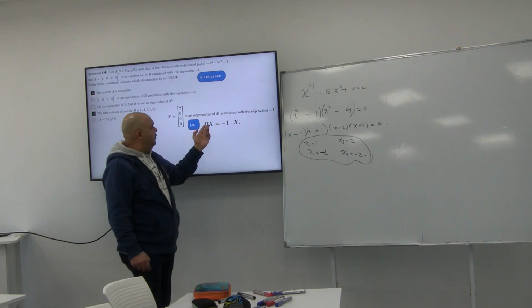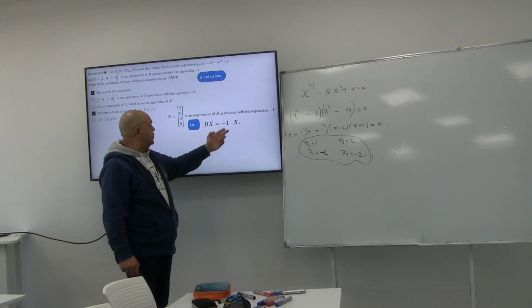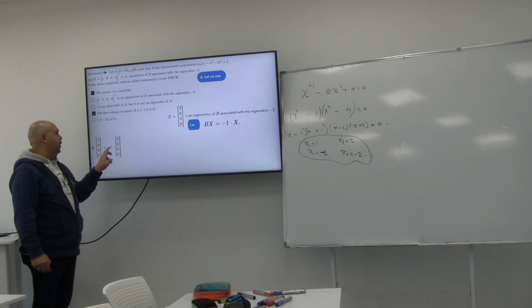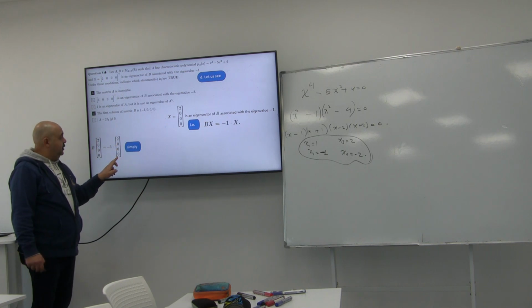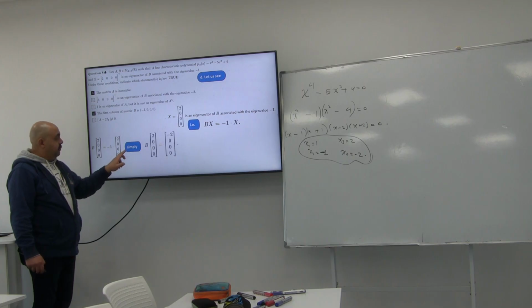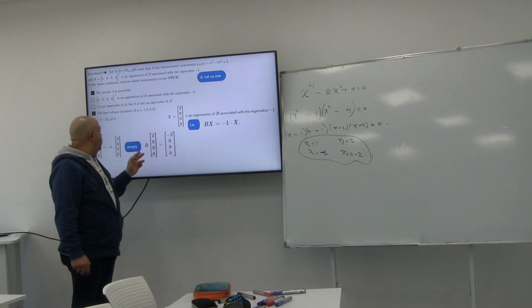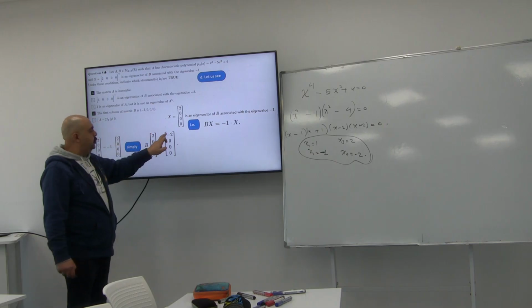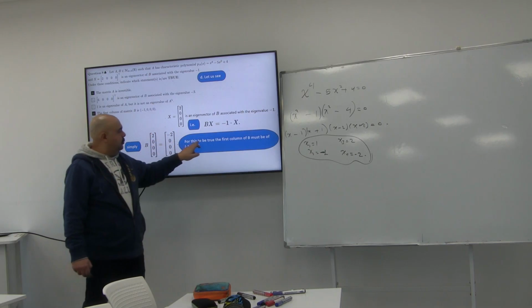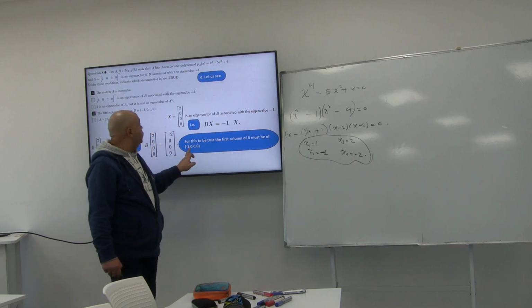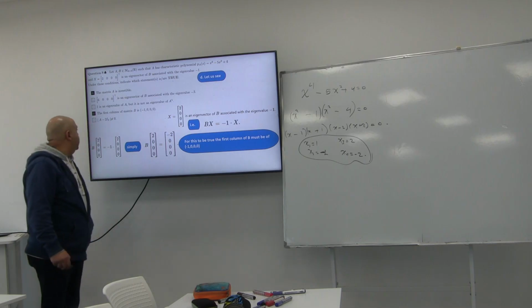Now I have B of x equal -1 times x, and so B times (2, 0, 0, 0) will equal -1 times (2, 0, 0, 0). Now for this problem, simply remark that B times (2, 0, 0, 0) gives -1 times 2. And for this to be true, the first column of B must be of the form -1 and triple zero. So number D is correct.